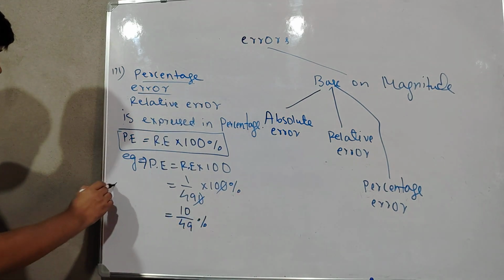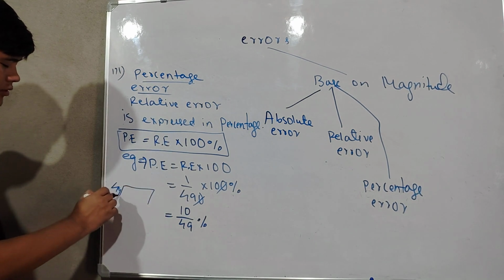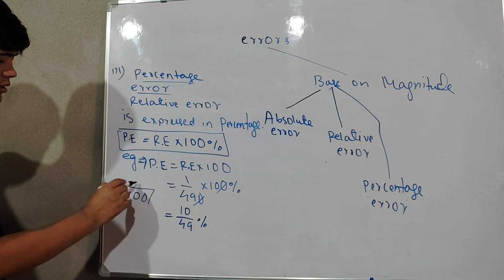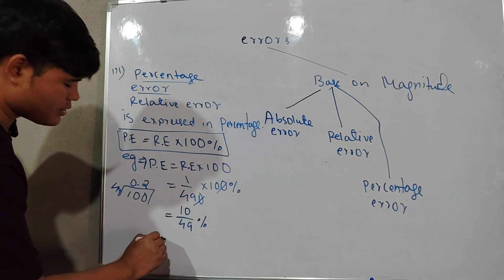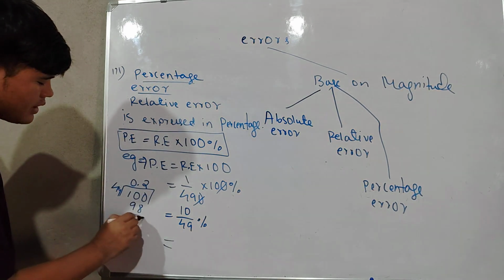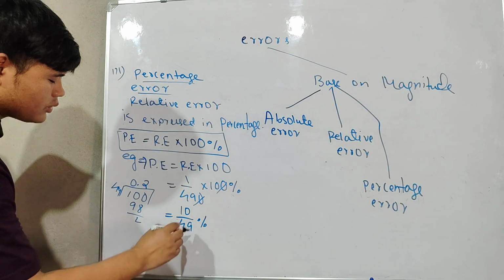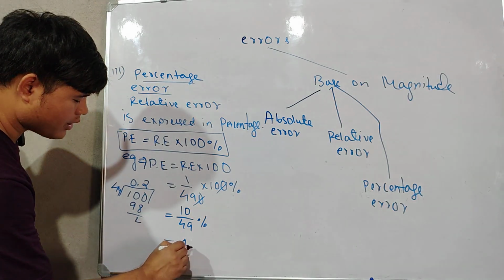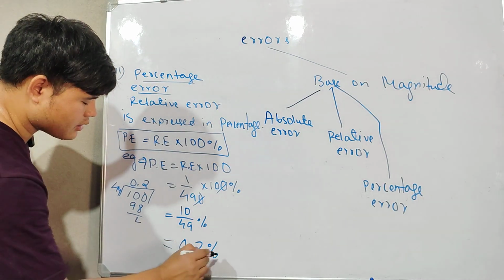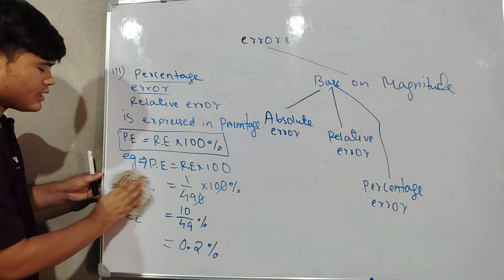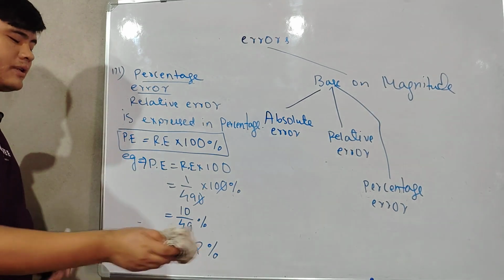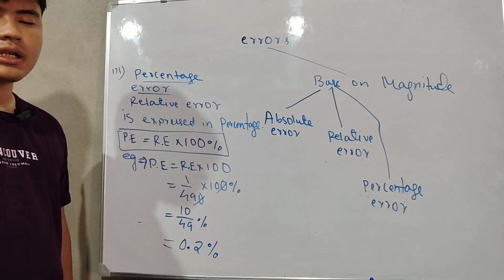If you divide it, how much will you get? 49 goes into 10, 0 point, and then 49 2s are 98, right? 2 will come. So 0.2% error. Okay, so this is how we find the errors: absolute errors, relative errors, and percentage errors.